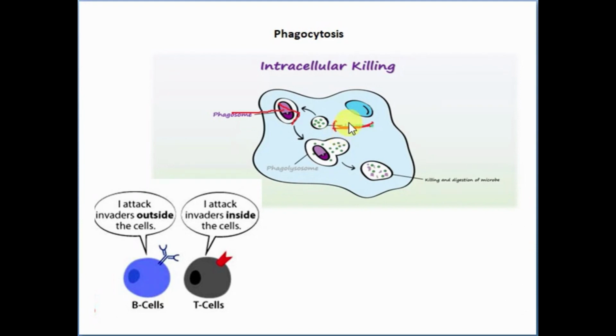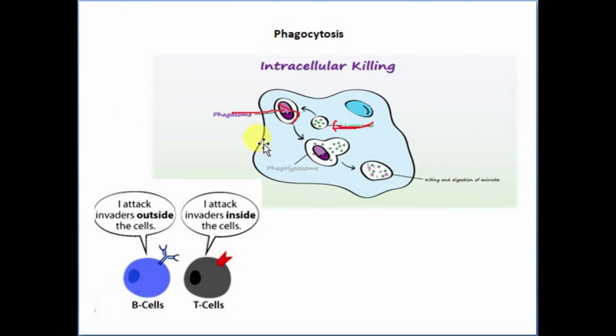So the lysosome will react with this phagosome and a phagolysosome will be formed, and then the unwanted bacteria that has entered will get digested. They will kill the unwanted microorganism. So this is the process of phagocytosis through which intracellular killing takes place.